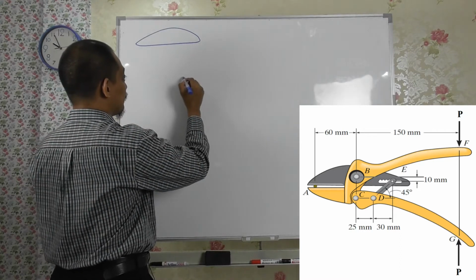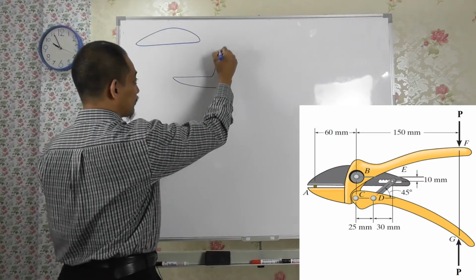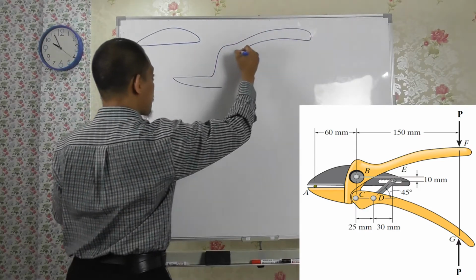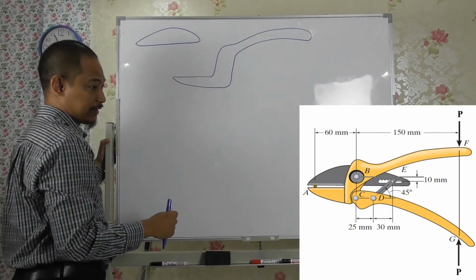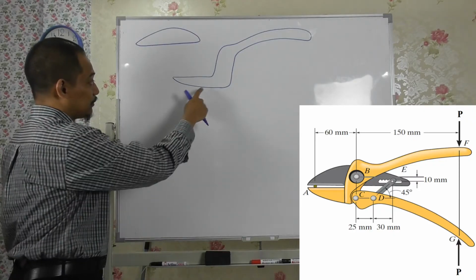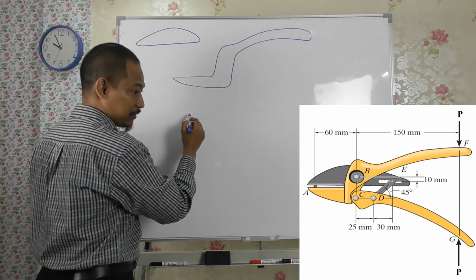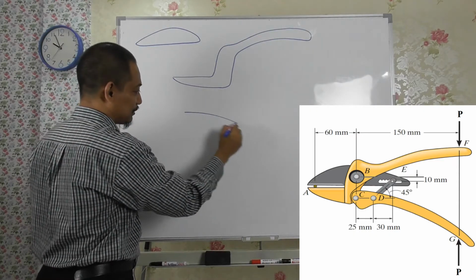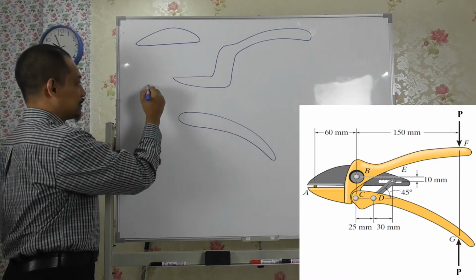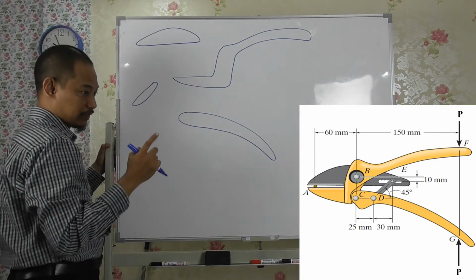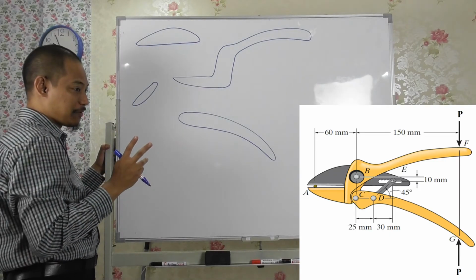So it is something like this, and then it goes something like this, right? That's the handle, one side there, and it is connected to, okay, do I have enough space here? So I have to draw here. So connected to this handle here, something like that, right? And then you have this member here, connecting DE.